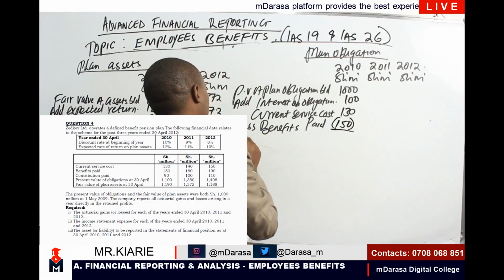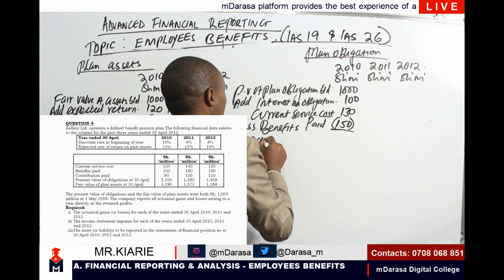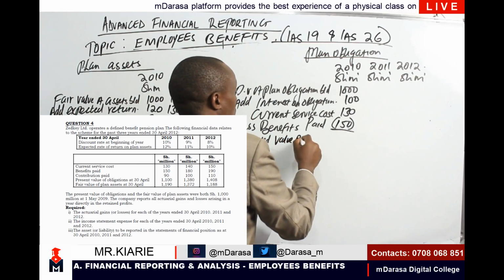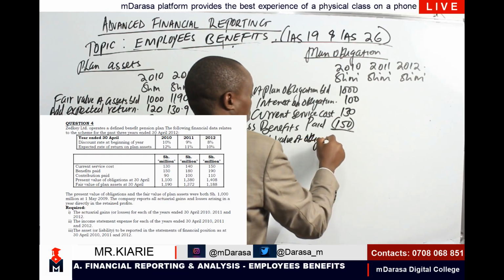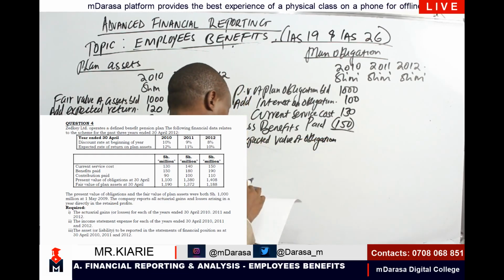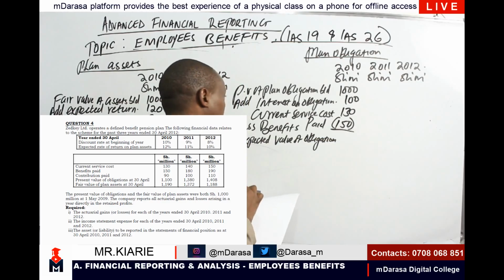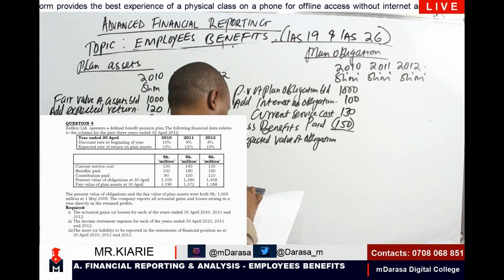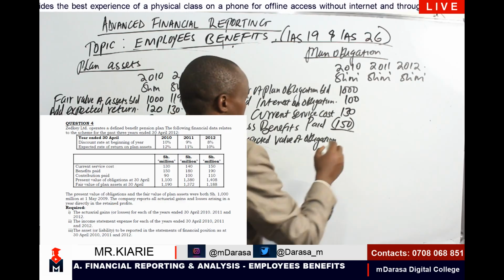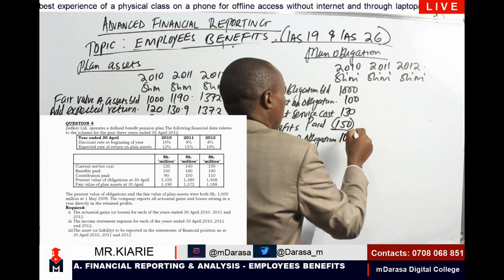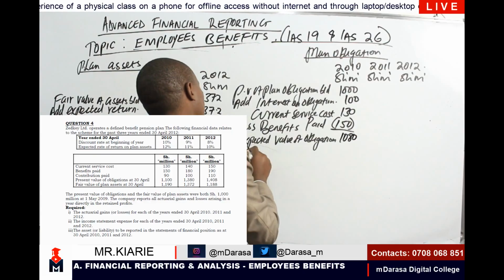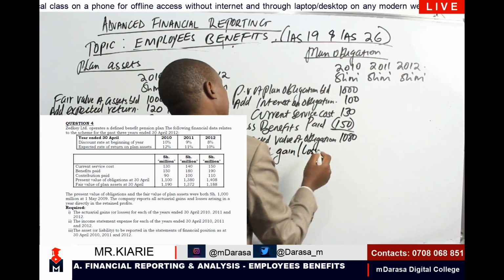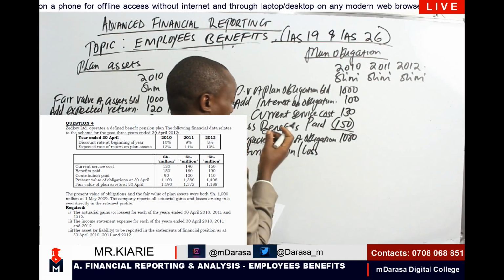And therefore, expected value of obligation will be 1,000 plus 100 plus 130 minus 150. It gives me 1080. Then actuarial gain stroke loss.